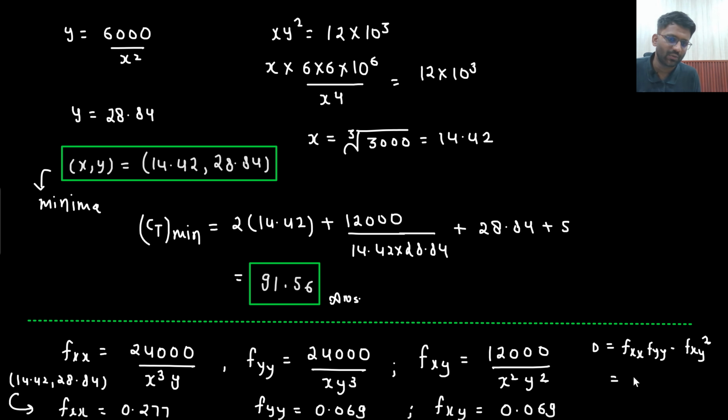This value is coming out to be 0.0143. So you can see here d is greater than 0, along with that fxx is also greater than 0.